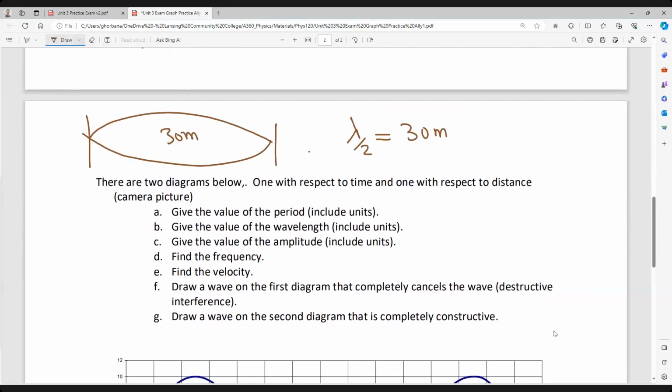I just multiply both sides by 2. The 2 and 2 cancel each other, and the lambda is going to be 60 meter. This is lambda 1. What is the 1? It means the wavelength of the first harmonic.